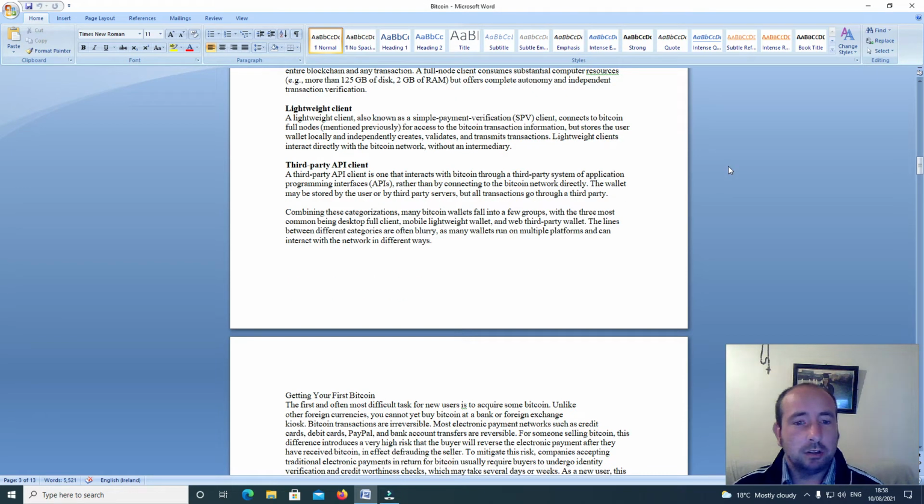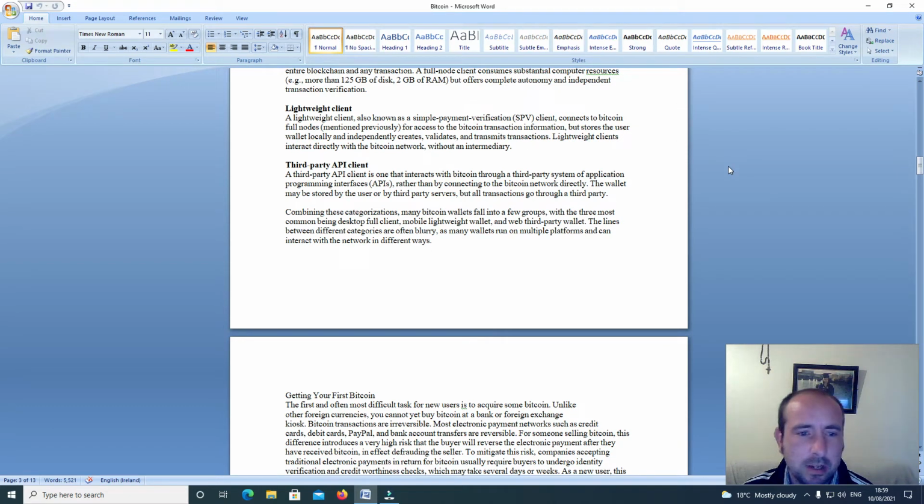Lightweight client, also known as simple payment verification (SPV) client, connects to Bitcoin full nodes, mentioned previously, for access to the Bitcoin transaction information, but stores the user wallet locally and independently creates, validates and transmits transactions. Lightweight clients interact directly with the Bitcoin network without an intermediary.